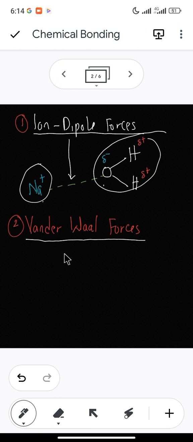These van der Waals forces are just electrostatic forces between molecules. They're just forces of attraction between molecules with either permanent or temporary dipoles.